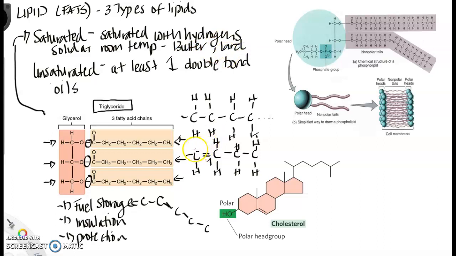Okay, animal fats are saturated. Coconut fat or coconut oil is saturated. Okay, so vegetable oils, meaning like canola, corn oil, whatever, different oils, they're going to be fluid, liquids at room temperature.